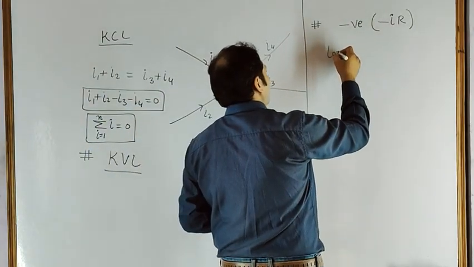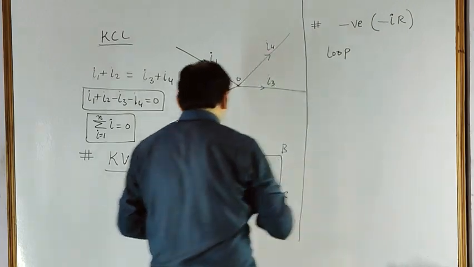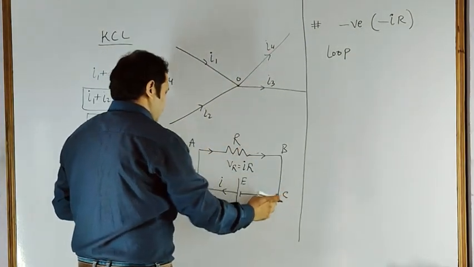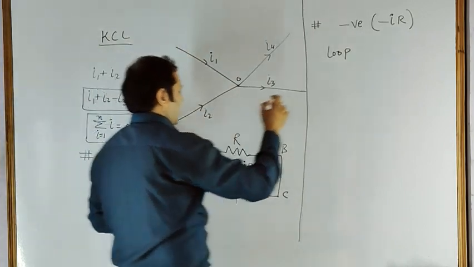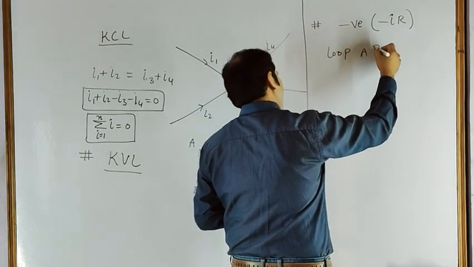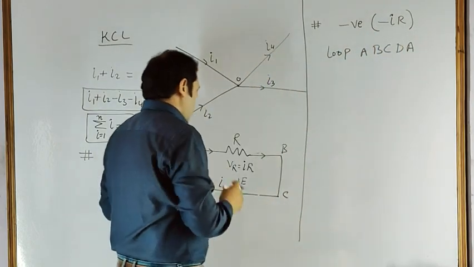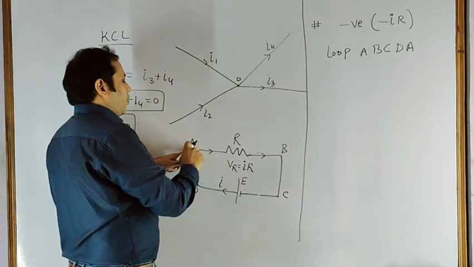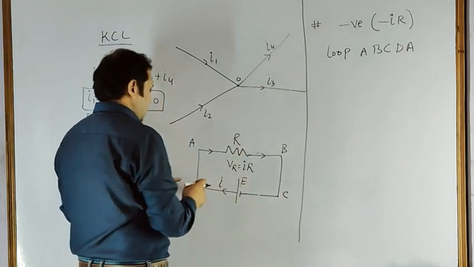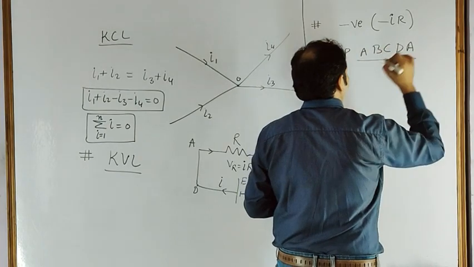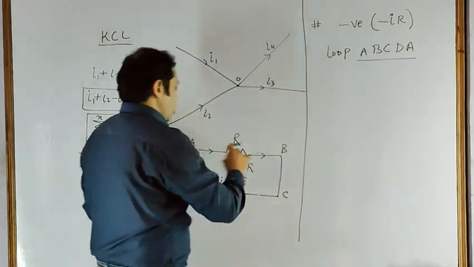What is a loop? If you consider a loop here, A, B, C, D, A, this is a closed path starting from point A, B, C, D, A. This is a loop because it is a closed path.